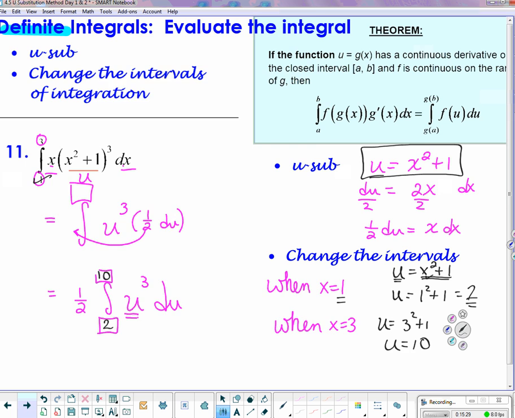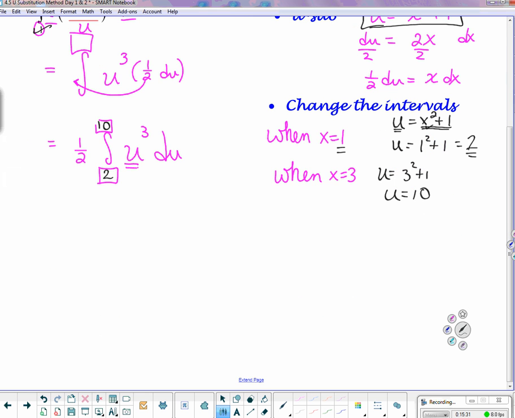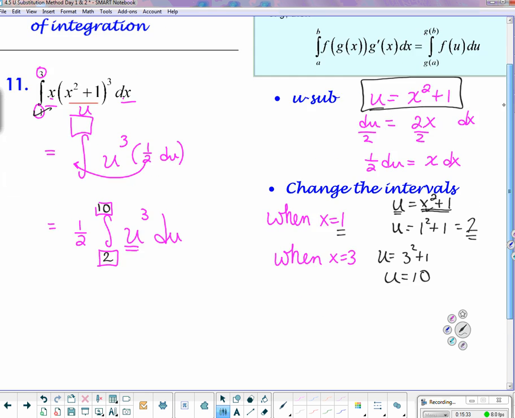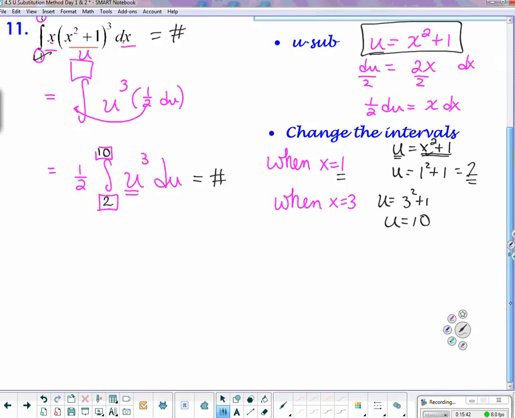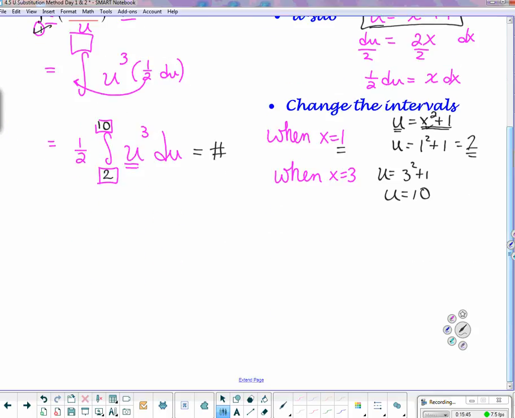Now that everything is written in terms of u, all I need to do is, since the answer to a definite integral is a number, I can come out with that number here in terms of u and not have to change back to x's. So let's do our integration.